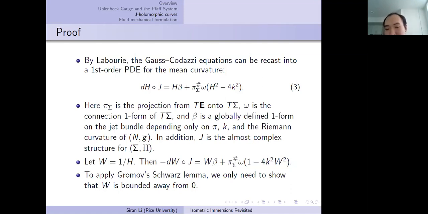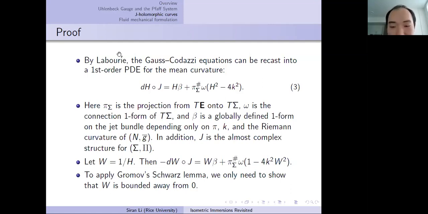So here I assume the curvature conditions. In particular, the second fundamental form is positive definite, so I can view that as a metric on sigma. Actually, both in Labourie's work and in Fanghua Lin's work, I think the crucial thing is to look at a map from sigma 1, the first fundamental form, to the second fundamental form.